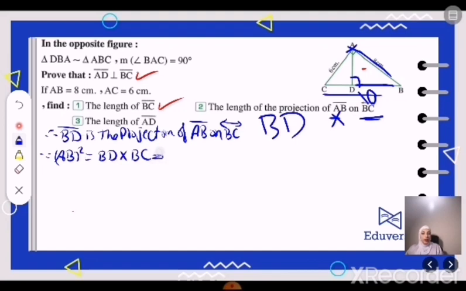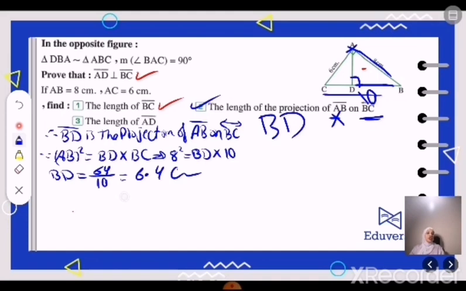I know that AB to the power 2, which is 8 to the power 2, equals BD, whose length we need to find, multiplied by BC, which is 10. So BD equals 8 squared, which is 64, divided by 10, which equals 6.4 centimeters. That's the length of the projection of AB on BC.